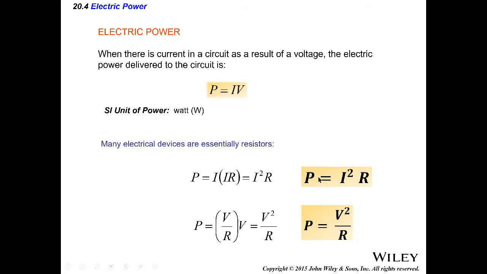But the thing that is important is the manufacturers tell you the power rating, and then it's up to you to supply whatever is the voltage, or up to you to draw whatever is the current.